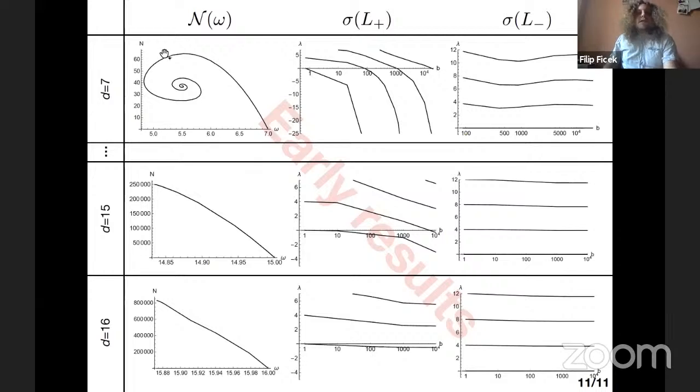So in this part, it seems that the solution is not stable. But then again, there is a part where it might be possible that the solution is stable again, because again the slope is negative. So we have to check the other criterion. And it turns out that in the meantime, one of the eigenvalues of the L plus operator changed its value to negative.